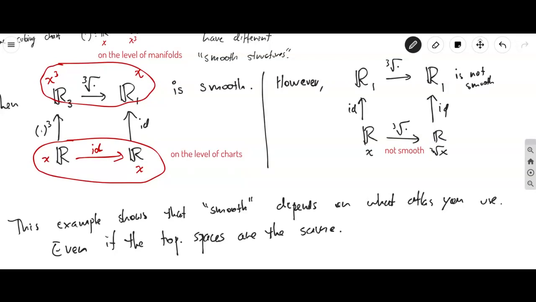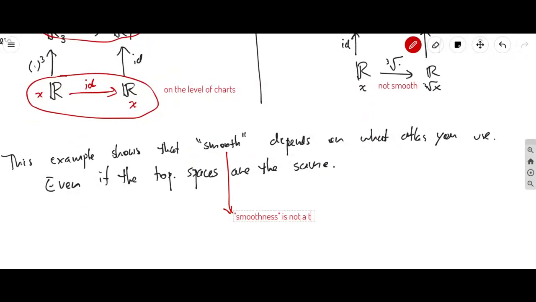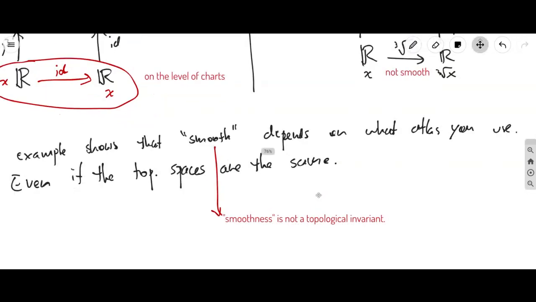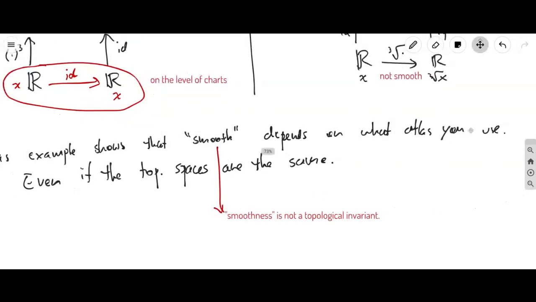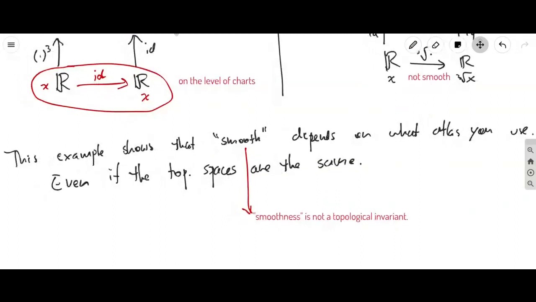And like I said before, this might bother you because you might look at this word smooth and say smoothness. So this is what you can say: smoothness is not a topological invariant because being smooth depends on the atlas. It does not depend on the topology.